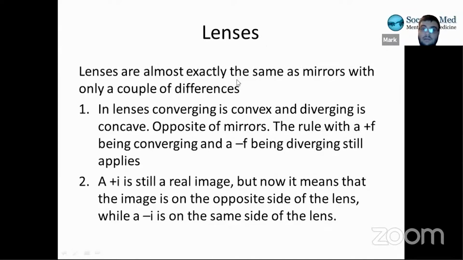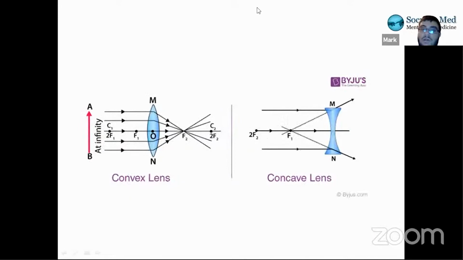Okay, and I will show you a picture here as well. This is what a concave and a convex look like. In a lens, say this is a person, and the person is the object, so I'll put an O here. And you have a convex lens.